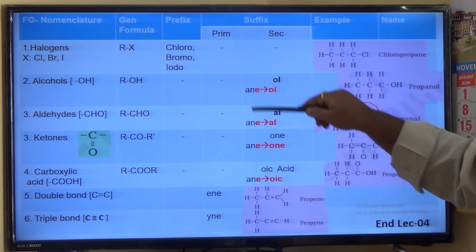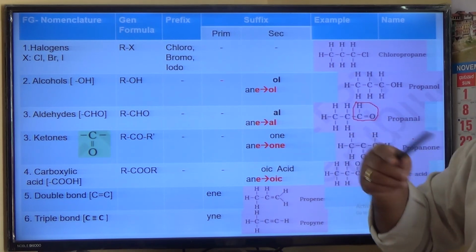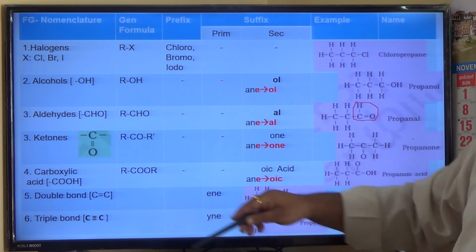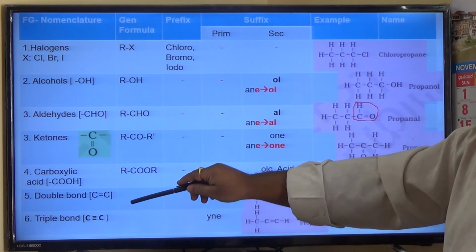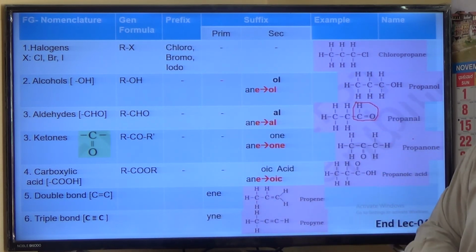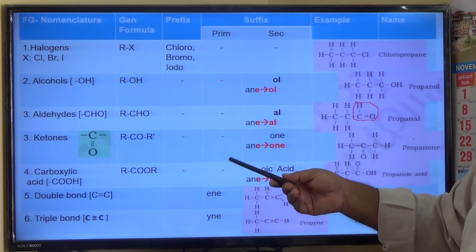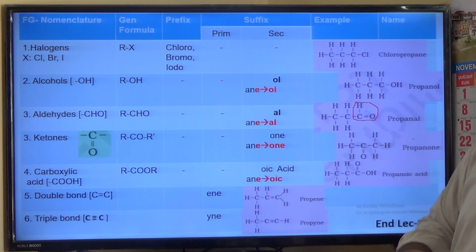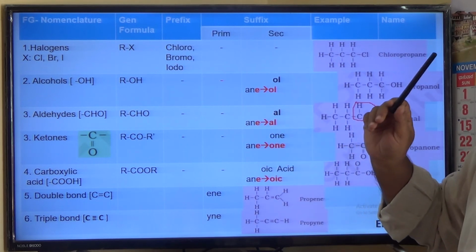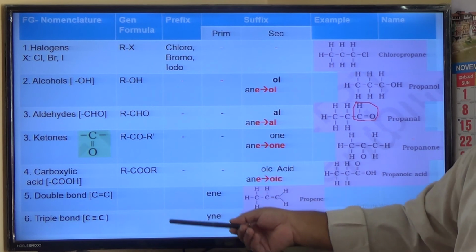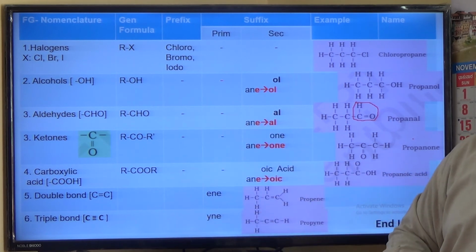So make a note of this one. When I discuss on the board about methane and ethane, and try to attach these halogens and functional groups and name them, try to note those down also. So for the time being, first you note down. Now I'll take you to the board where I'll explain with the base compounds methane and ethane, and we'll try to attach these functional groups and see whether it is possible or not.